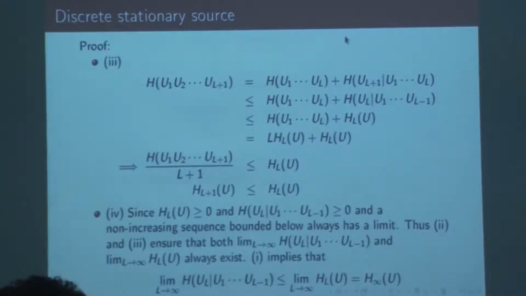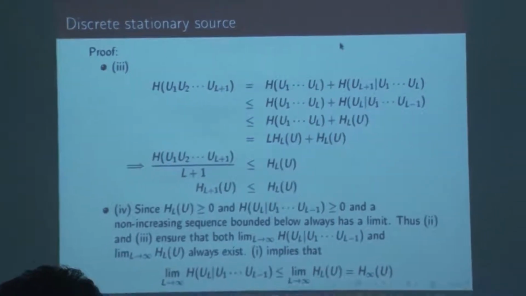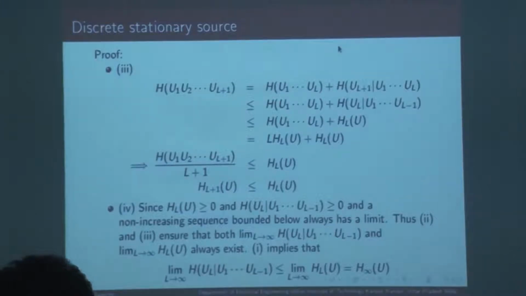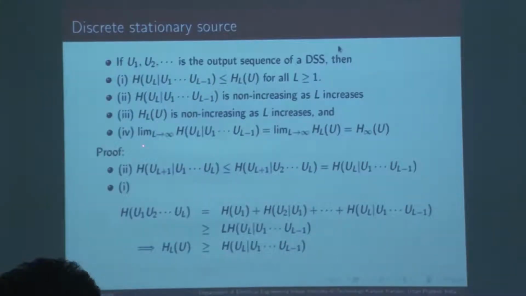Now, both of them can be satisfied only if there is an equality sign here, right. So, hence when L goes to infinity, this is equal to this, which is what we call the entropy rate of the discrete stationary source. So, that is the proof of this one.